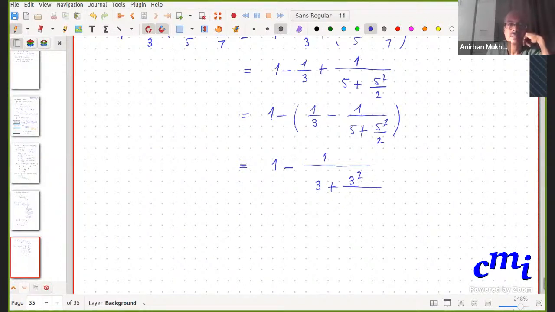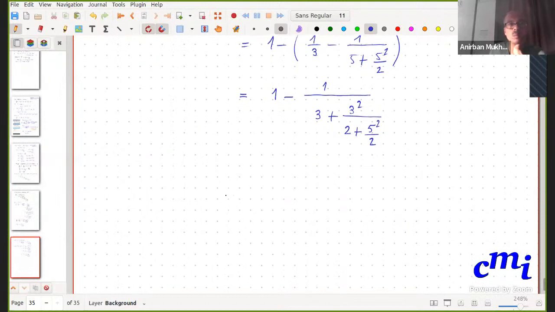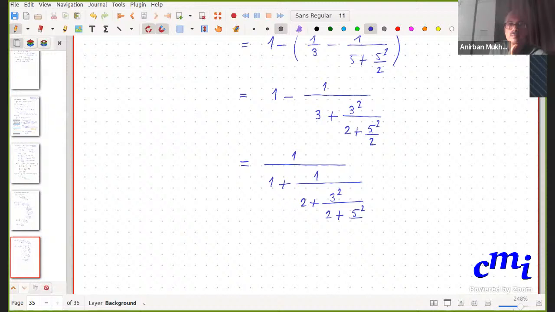So the difference is again 2 plus 5 square by 2. Use it once more. Use the same formula once more. 1 over alpha 1 is 1 by 1. And then if you subtract these two, the difference is 2 plus 3 square by 2 plus 5 square by 2.